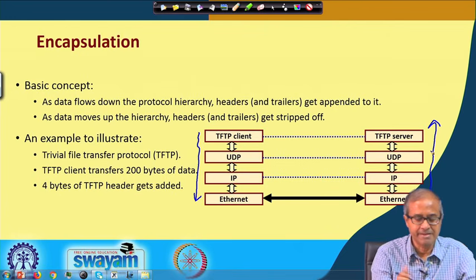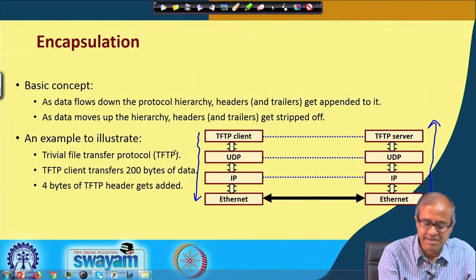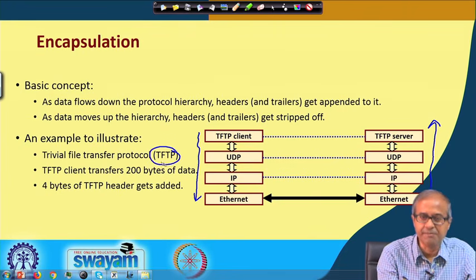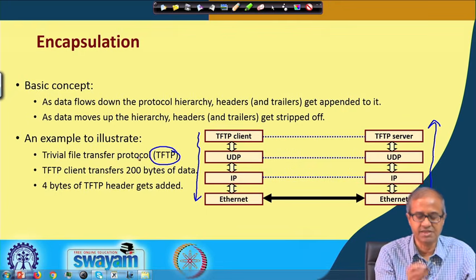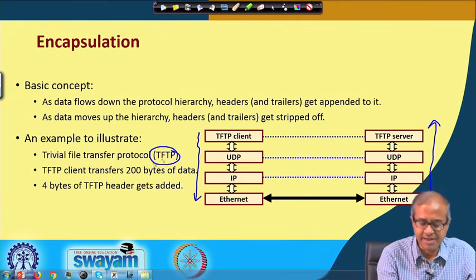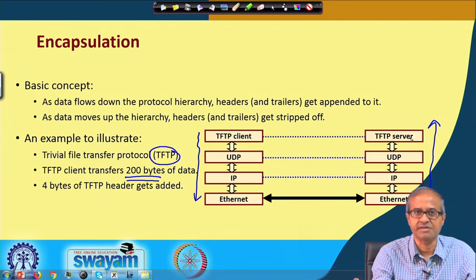Okay. So, here I will take an example of a very simple application, TFTP. TFTP is a file transfer application, it stands for Trivial File Transfer Protocol. As an example, I am assuming that there is a TFTP client, a program which is trying to send 200 bytes of data to a TFTP server.